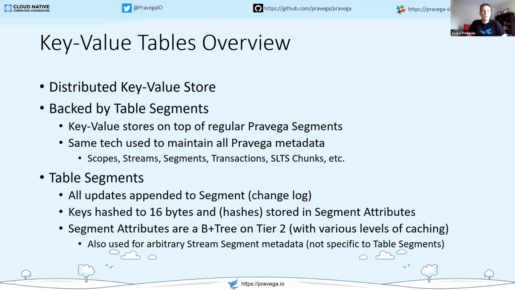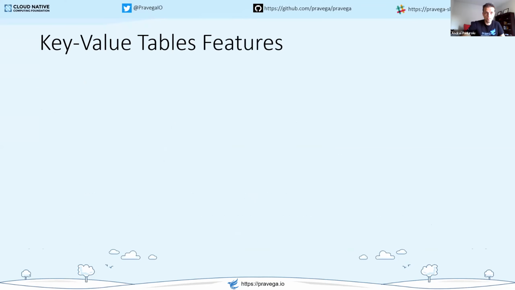Essentially we can store tens of millions of tiny pieces of information in this, which is why we found them to be an excellent storage for our table segment index.